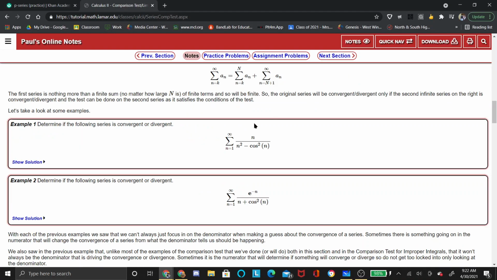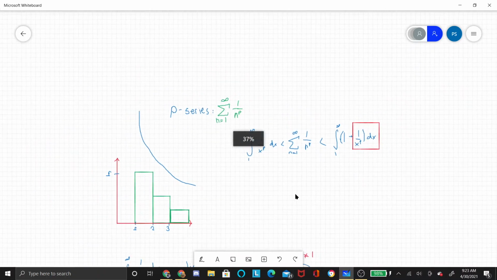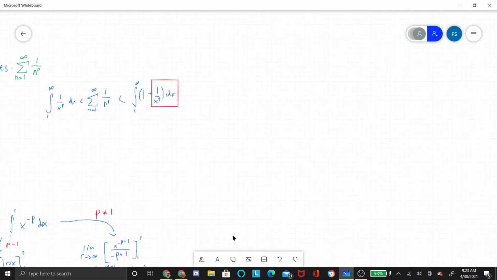We can do a little more complicated ones as well. Let's take this example: the infinite sum from n equals 1 to infinity of n over n squared minus cos squared n. So let's write that out right here.